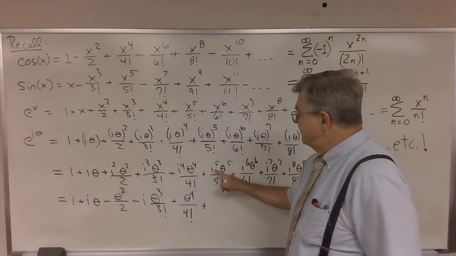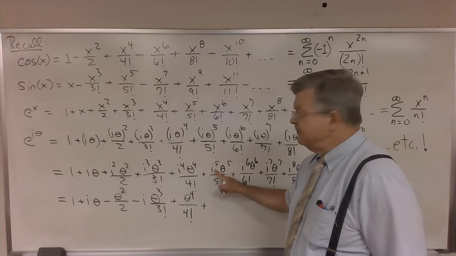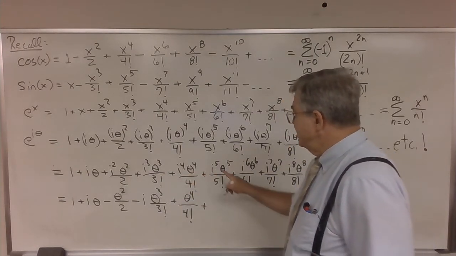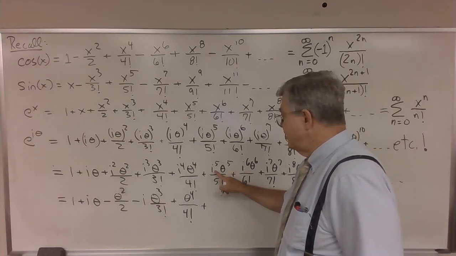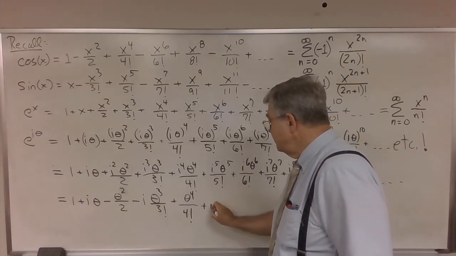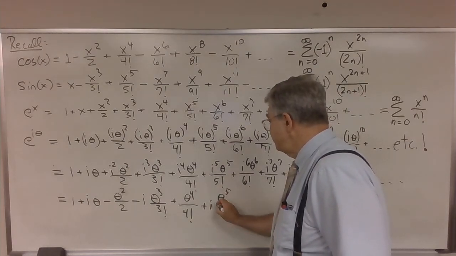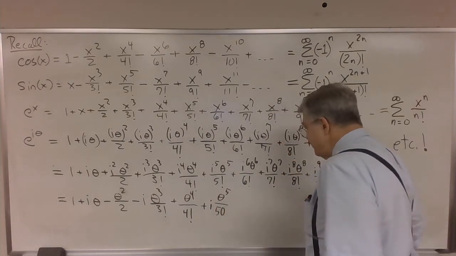And i to the 5th, isn't that i to the 4th times i? But i to the 4th was +1. So i to the 5th is i to the 4th times i, or 1 times i. So this is just i times theta to the 5th over 5 factorial.